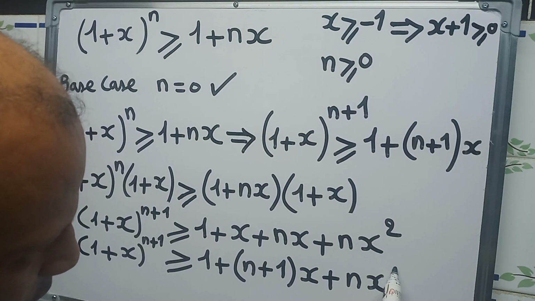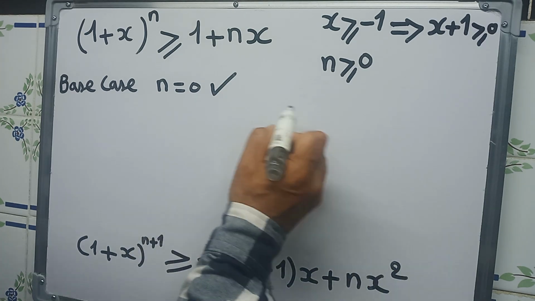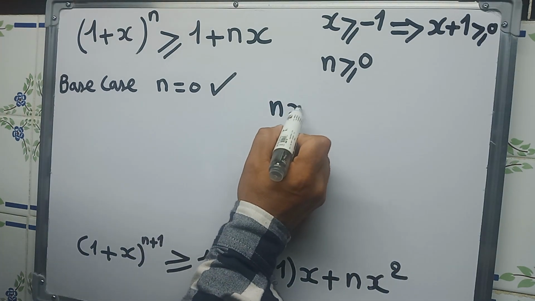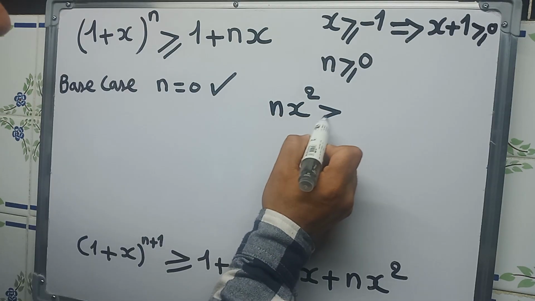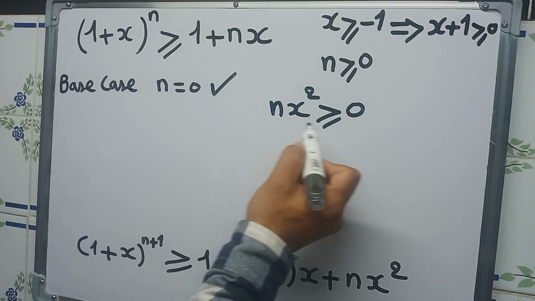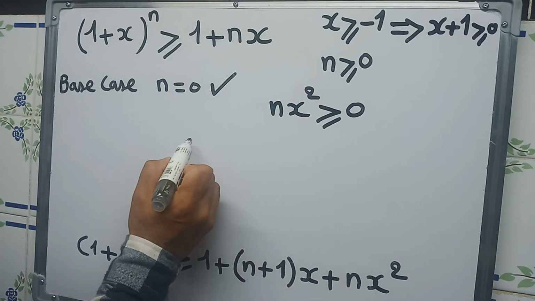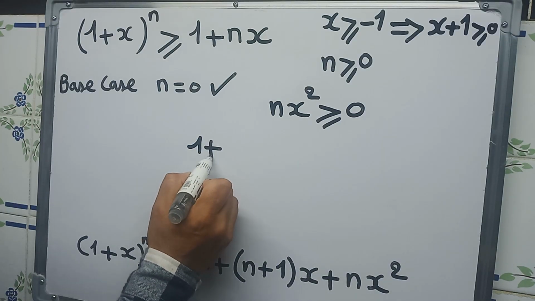times x, of course, plus nx squared. Now, since n is a non-negative number, and x squared is a non-negative number, we have nx squared a non-negative number. We add this number to both sides of this inequality, 1 + (n+1)x.